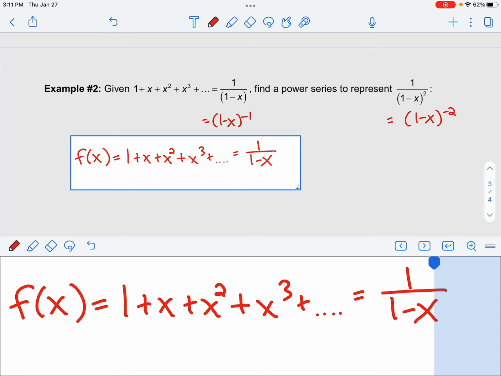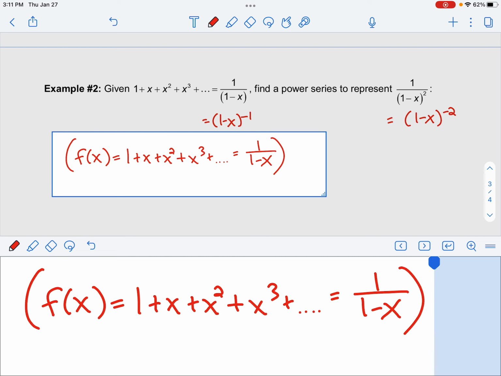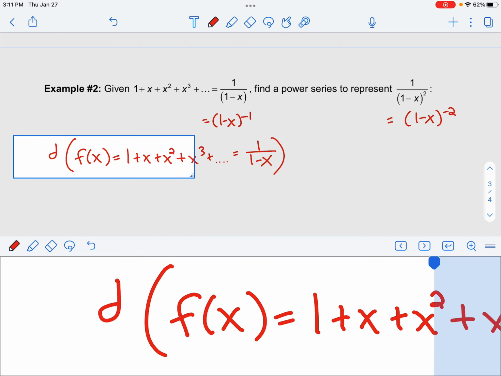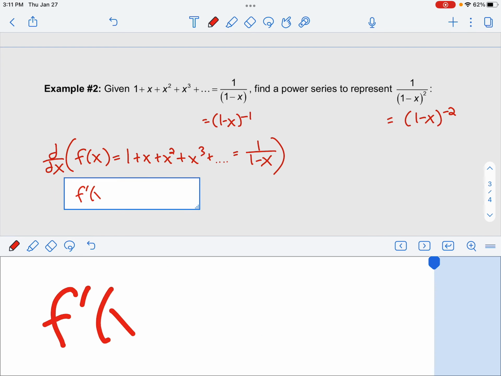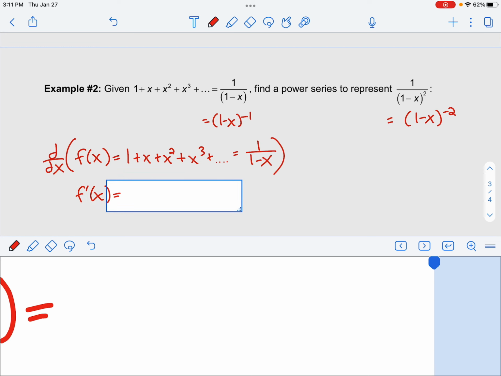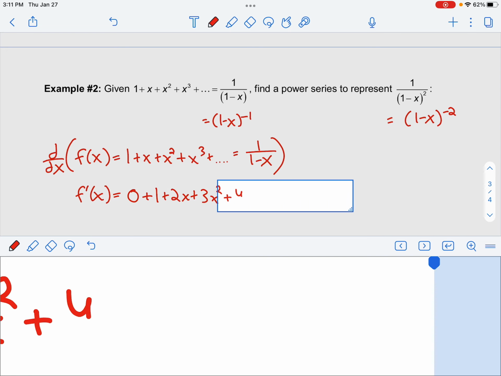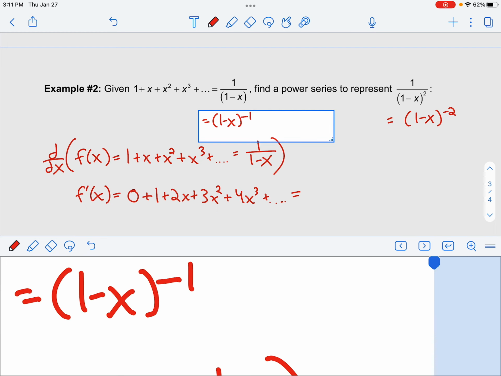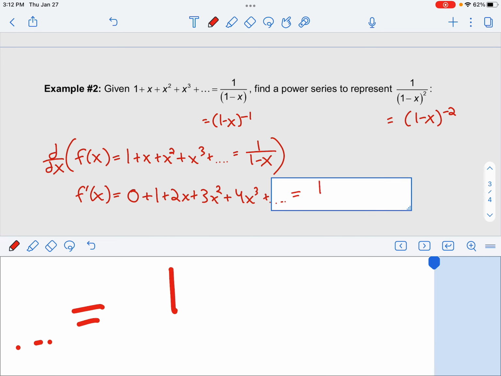So what if I took the derivative of this whole thing with respect to x? That would give me f prime of x, and each individual term would now be 0 plus 1 plus 2x plus 3x squared plus 4x cubed plus ... And for 1 minus x to the negative first, take the derivative, use the chain rule, and you would get 1 over 1 minus x squared.